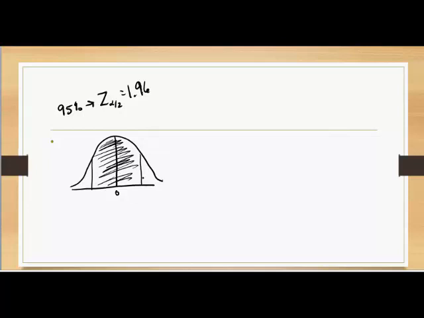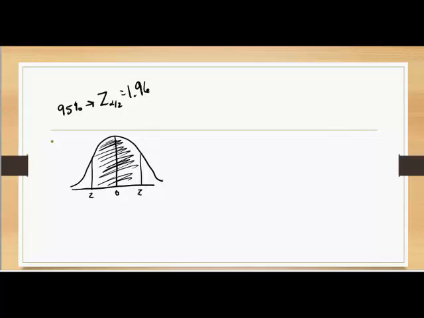Okay, so when we say that we're 95% sure that the average falls in between these two, there's a z-score here and a z-score here, we're saying that there's a 95% probability that we got that interval correct.